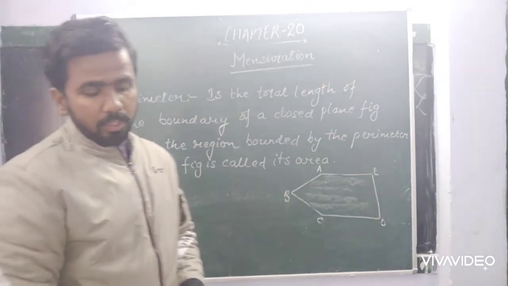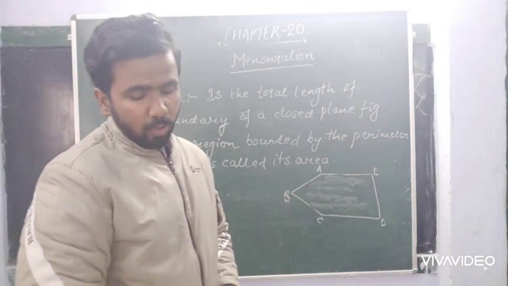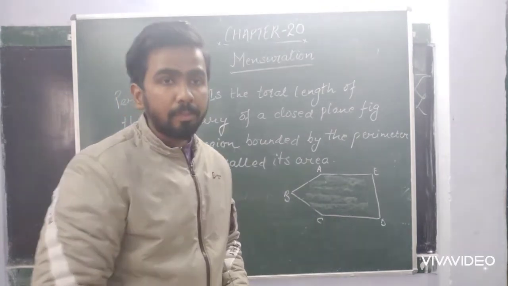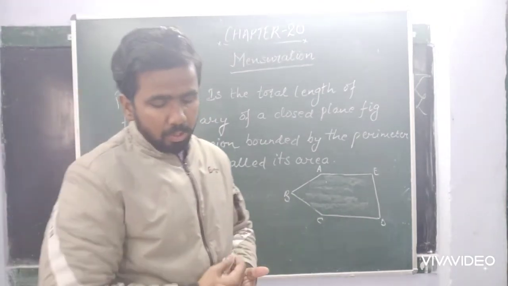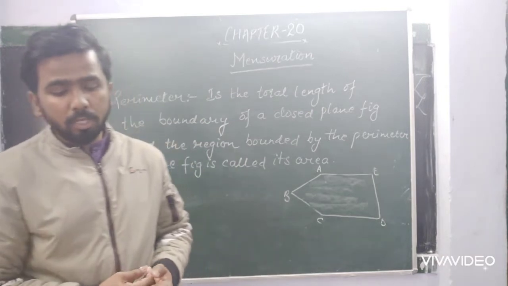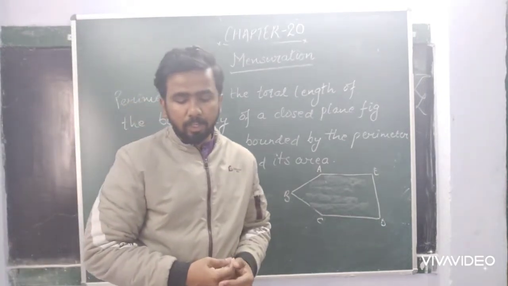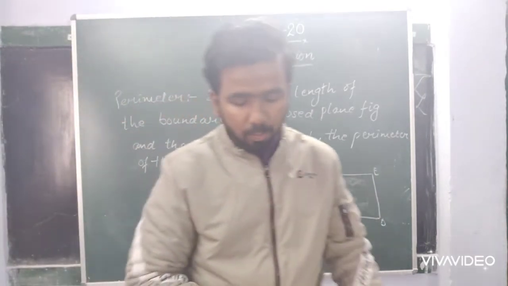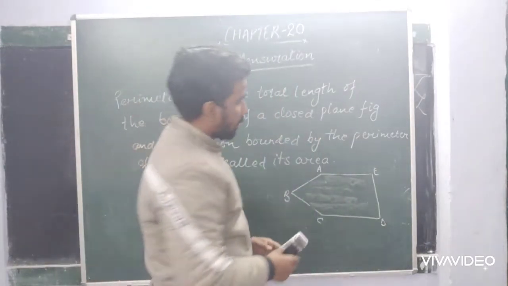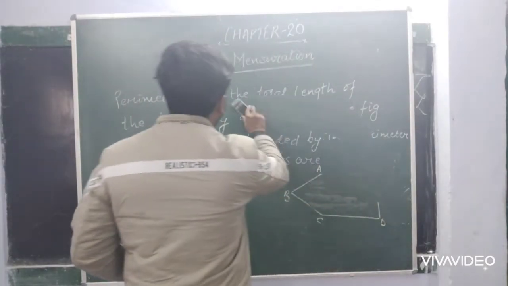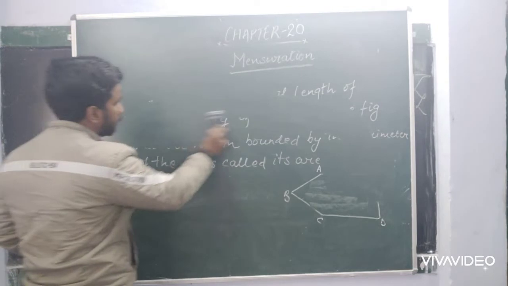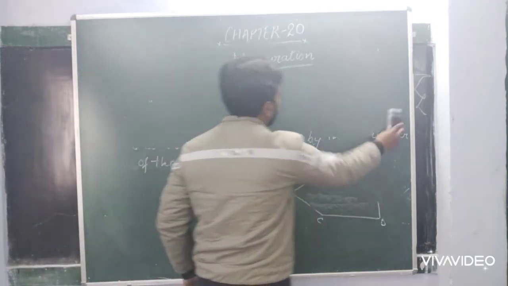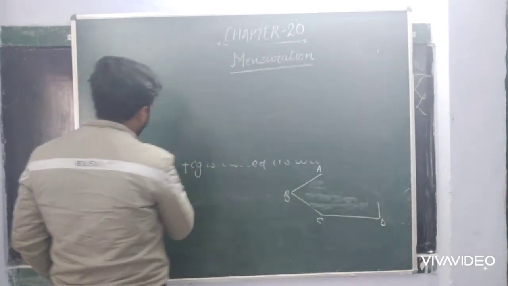So let us see the perimeter of some plane figures. There is a relation which is given in your book, that is a relation between the unit of length and unit of area. Okay, there is some relation which is important for you to understand before going on to the perimeter of plane figure.